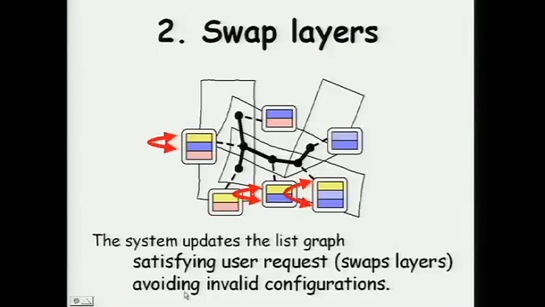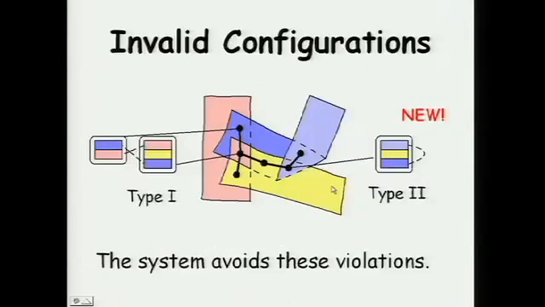What is an invalid configuration? One type is interpenetration between neighboring regions. If here blue is above red, and here red is above blue, then there will be interpenetration. This is bad. This was already introduced in the local layering paper, but we also newly introduced a type 2 violation.